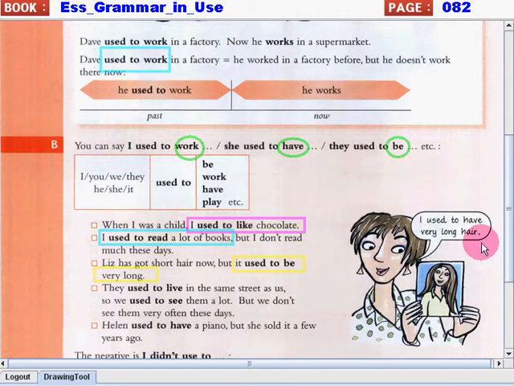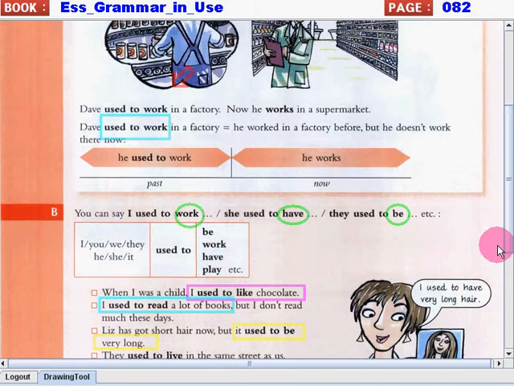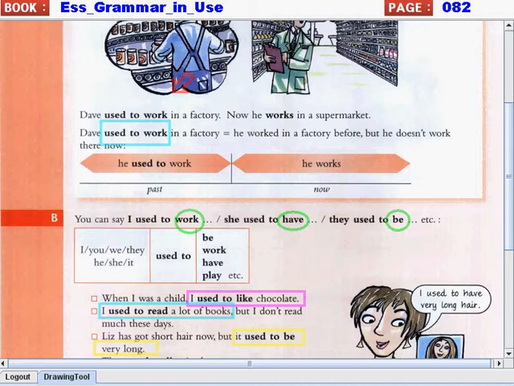This is Liz now, but in the past, this is her picture. So she said, "I used to have very long hair," but now not anymore, because she has short hair.